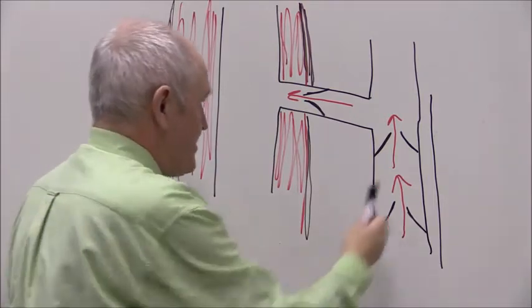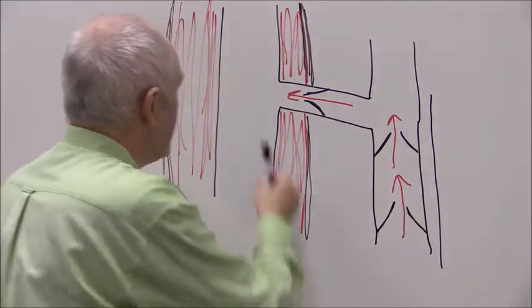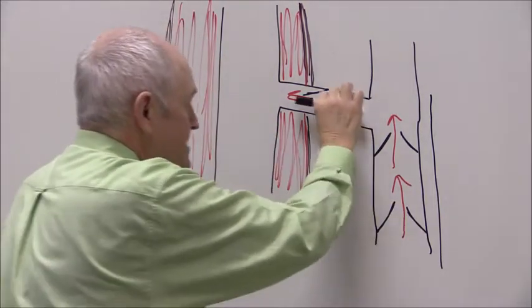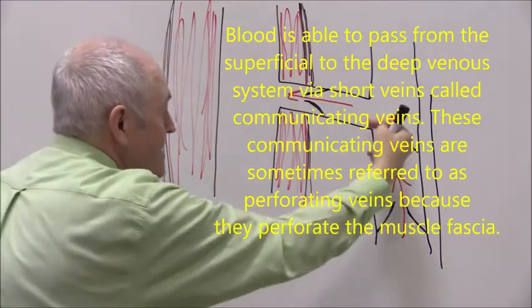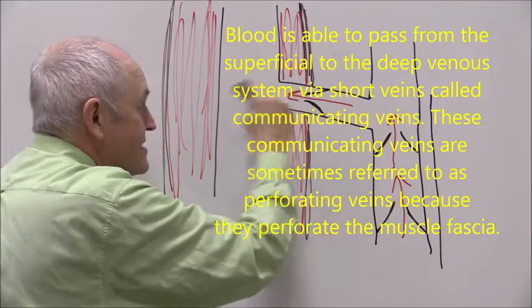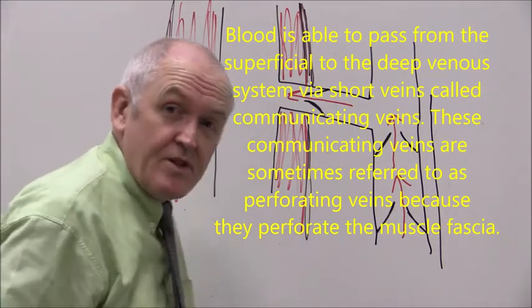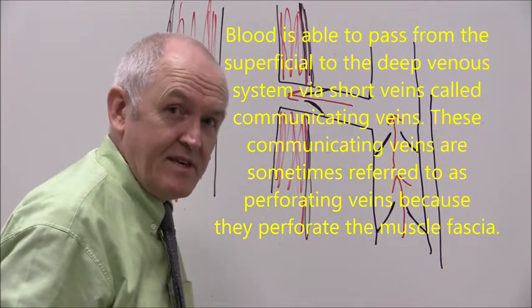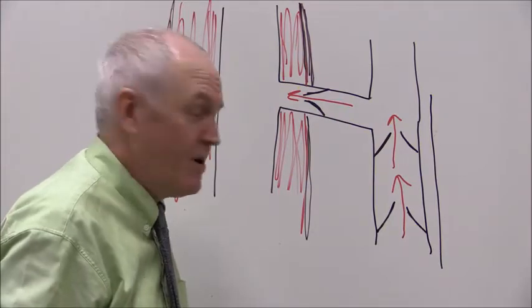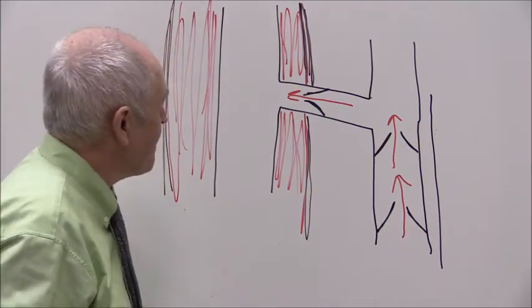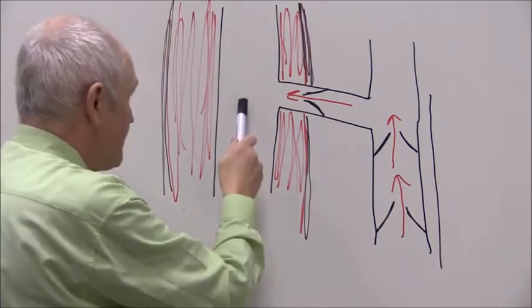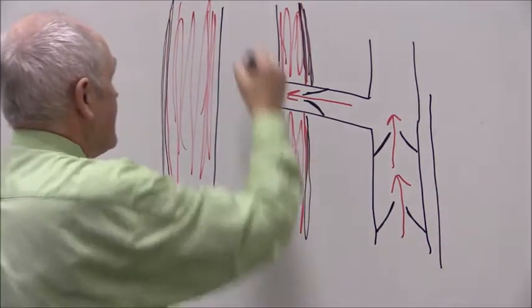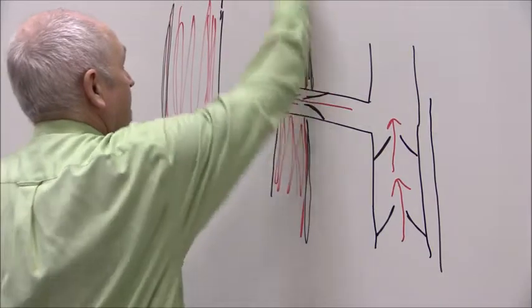So we have the superficial veins, the deep veins, and these veins perforate the muscle fascia. They go through the muscle fascia to get inside the muscle. So they're often called perforator veins. And they're taking blood from the superficial to the deep venous system. And that goes on, up.